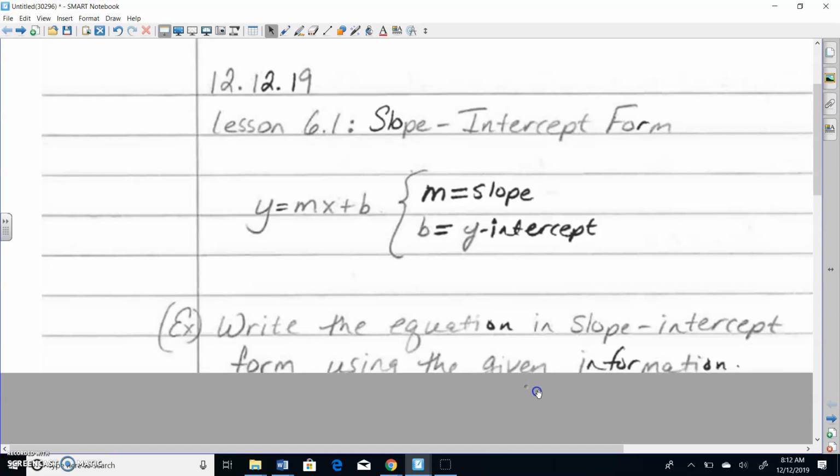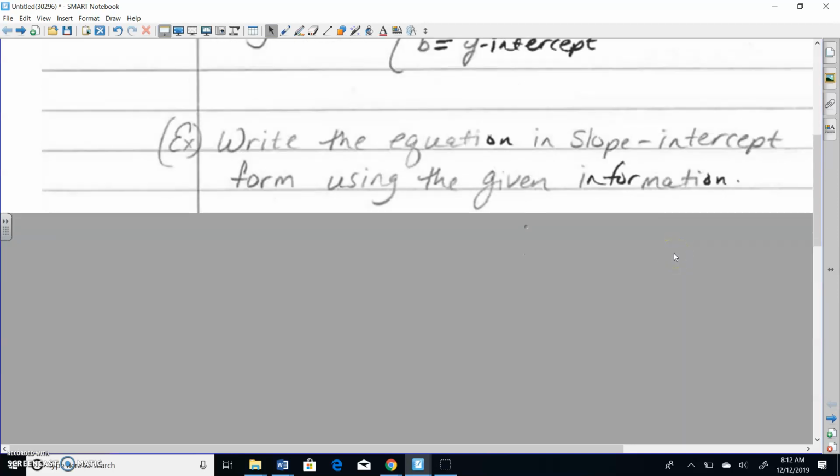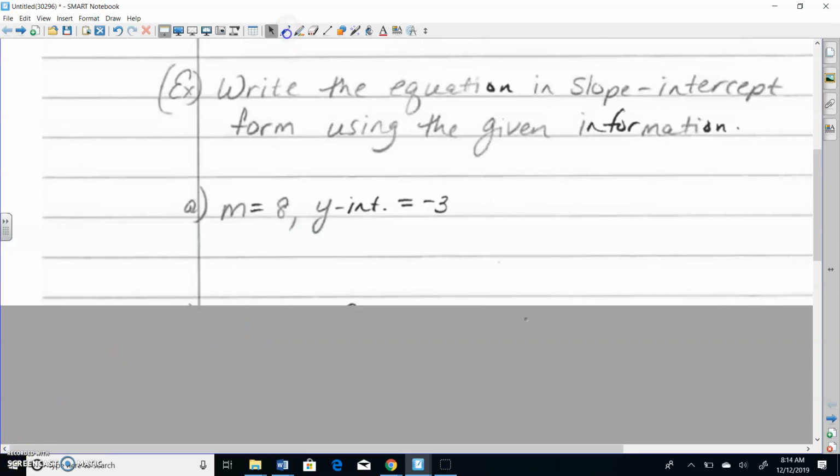First and foremost, we're going to write the equation in slope-intercept form using the given information. That given information is going to be the slope and a y-intercept. Remember, this is y equals mx plus b, our slope-intercept form.